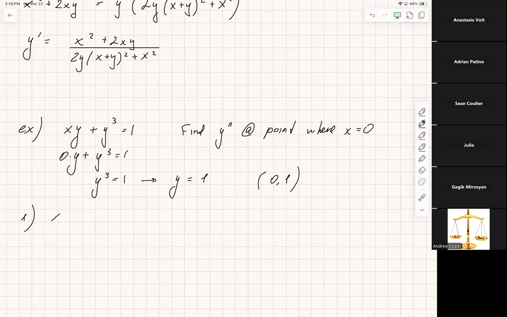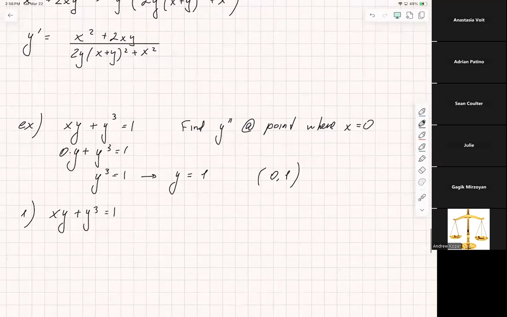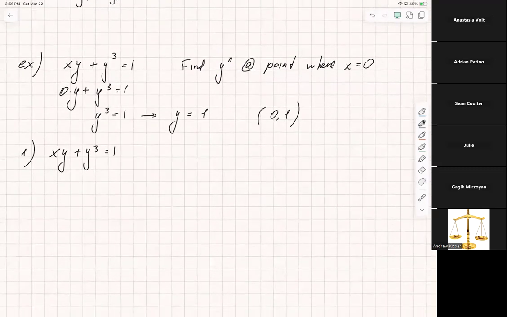So we have xy plus y cubed equals 1. We need to use implicit differentiation to find y prime, right? So for xy, that's just the product rule: 1 times y plus x times y prime.